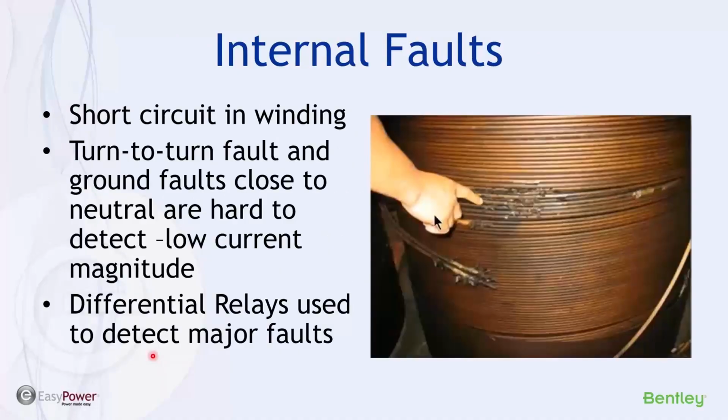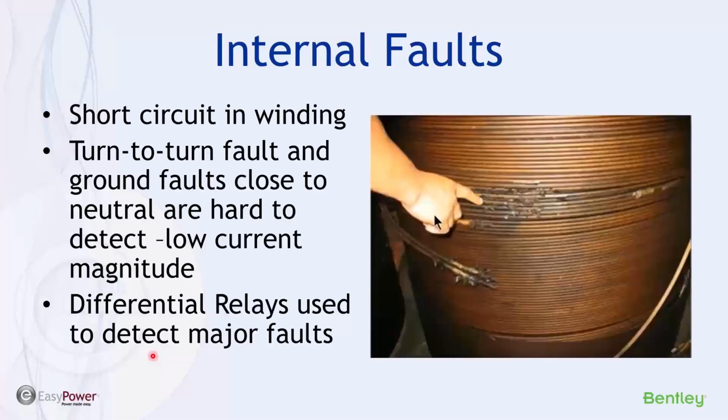Internal faults include short circuits in the windings themselves. These can be turn to turn and ground faults, but those can produce a very low magnitude fault current that may not be picked up by relays.